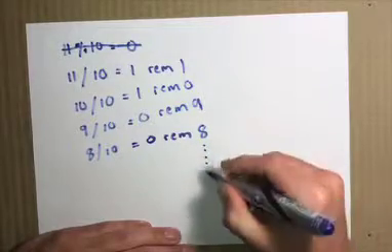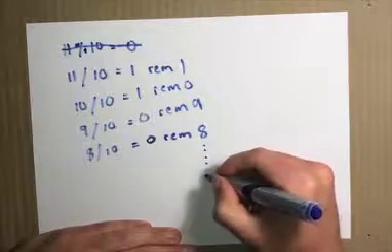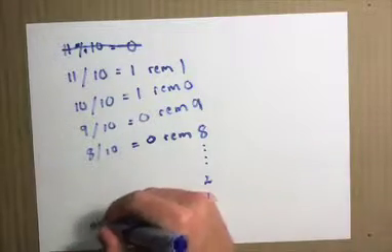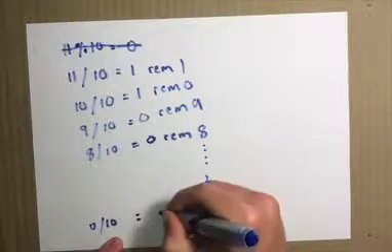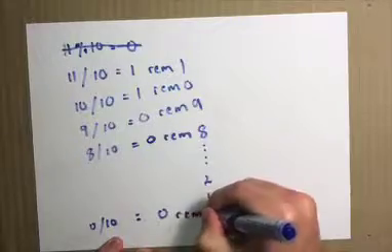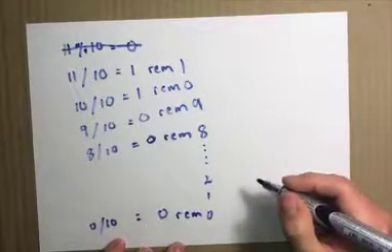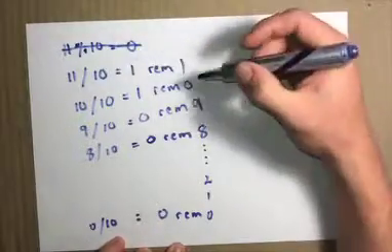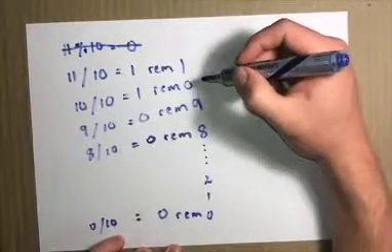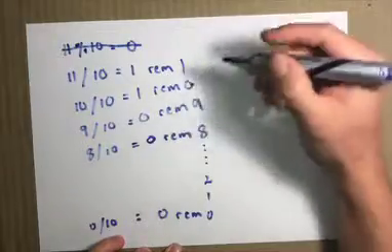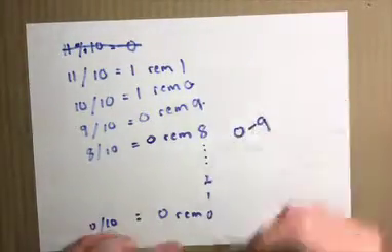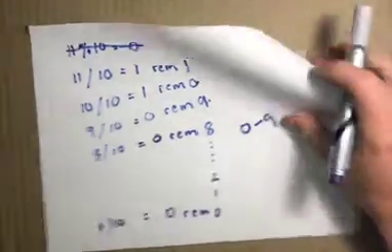And this will continue to 2, 1 and 0. 0 divided by 10 gives us 0, remainder 0. So any number divided by 10 will have a remainder between 0 and 9.